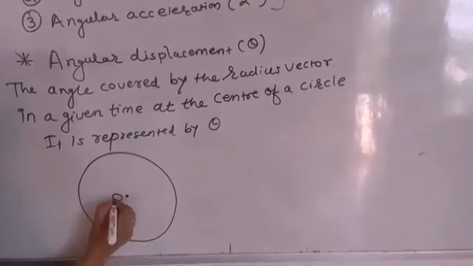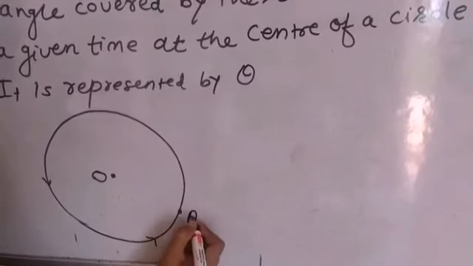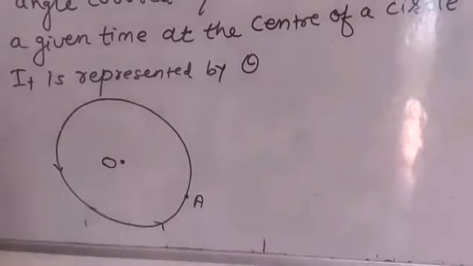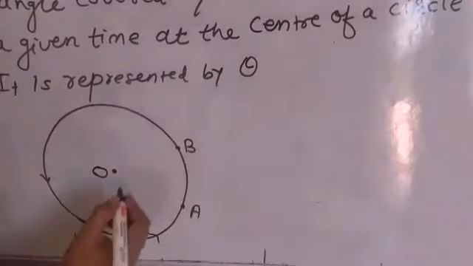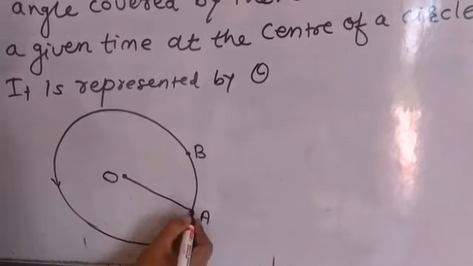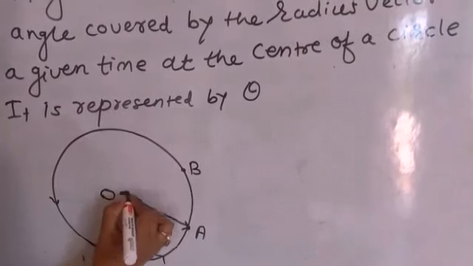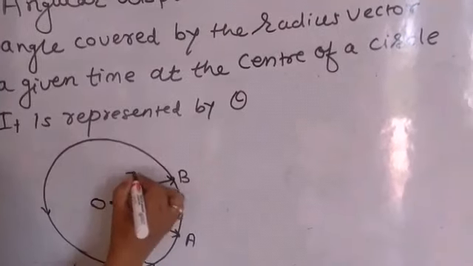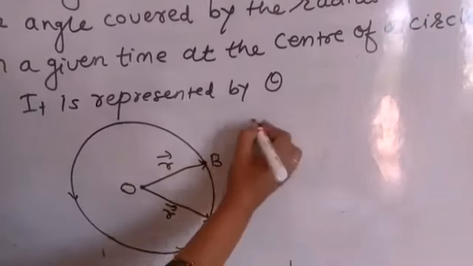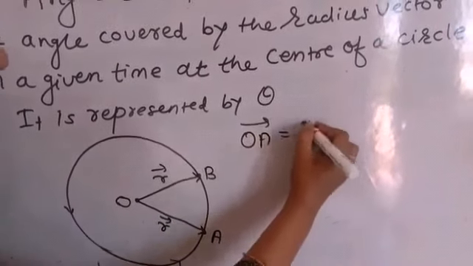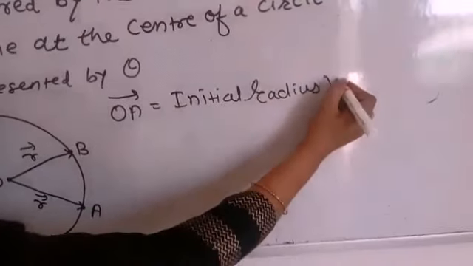In this figure, O is the center of a circle. Here A is the initial position of a particle and B is a final position. We draw this radius vector. This is also the radius vector. Here in this figure, vector OA is the initial radius vector.